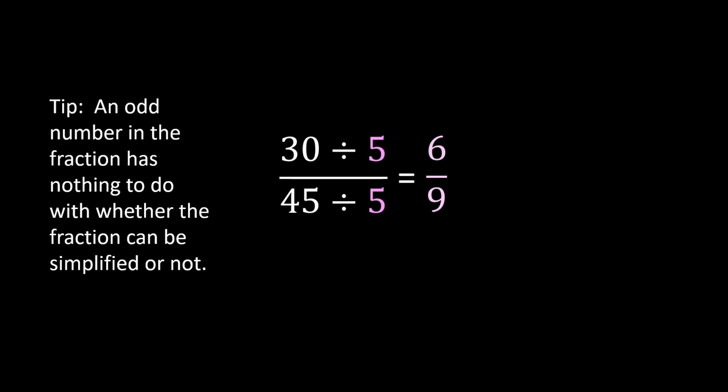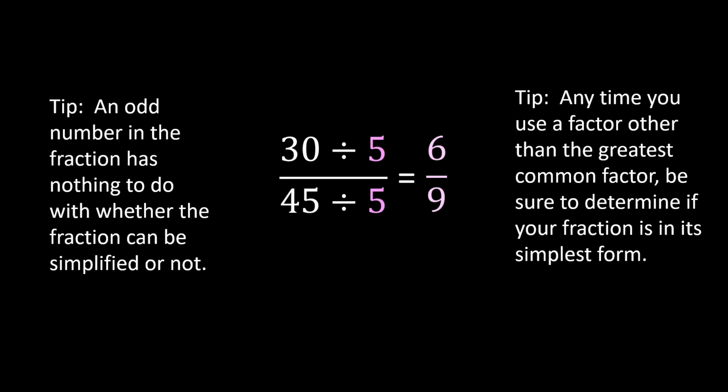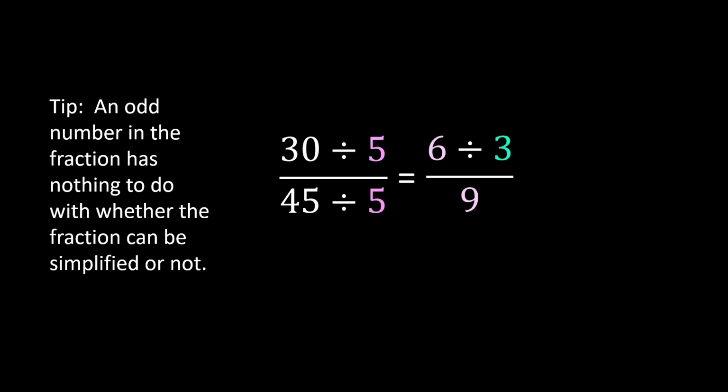We weren't sure if 5 was our greatest common factor, so we're going to have to check and see if 6/9 can be simplified. Again, we're not considering that one of the numbers is odd. We only care if 6 and 9 share a common factor that we can use to simplify. And they do. They share a common factor of 3, so we're going to need to keep going. We'll be dividing our numerator by 3 and our denominator by 3. 6 divided by 3 is 2, and 9 divided by 3 is 3.